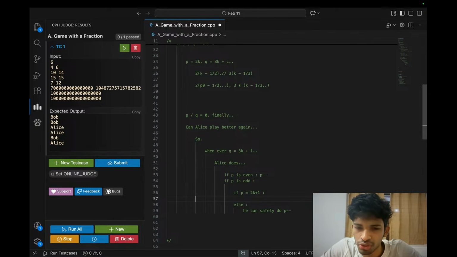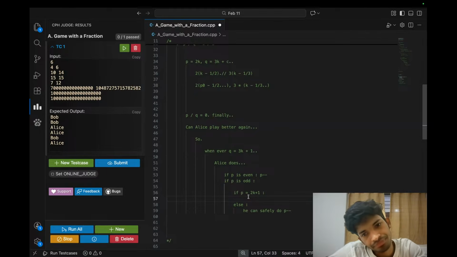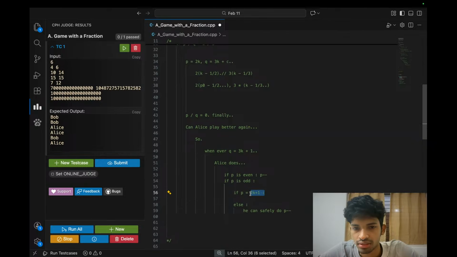What if p equals 2k plus 1? Can Alice win here too? If p equals 2k plus 1, Alice has to do something. Alice has to reduce one of these things, right? If Alice reduces this, Bob will win.